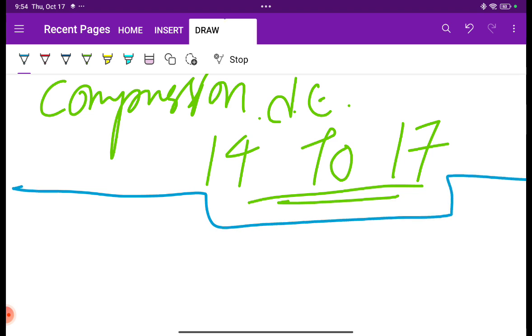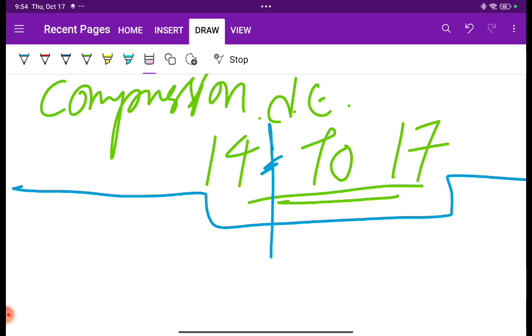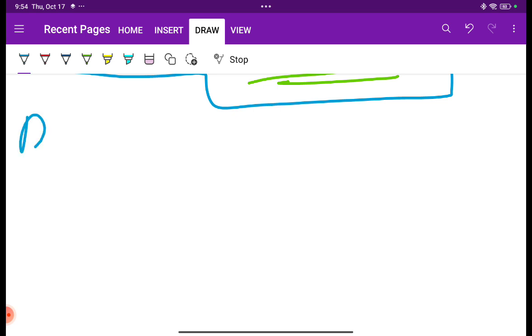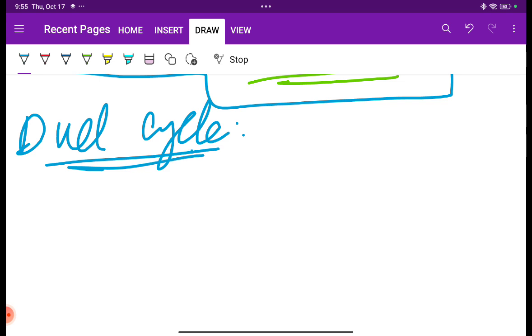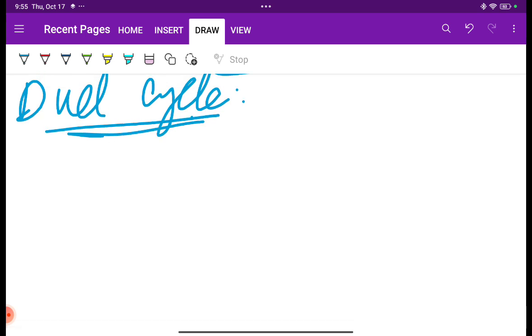Now we'll talk about the dual cycle. So, what is the dual cycle? Actually, it's not only a dual cycle, it's an air standard dual cycle, and it's a thermodynamic model that combines the Otto cycle and diesel cycle methods to model a real engine profile.